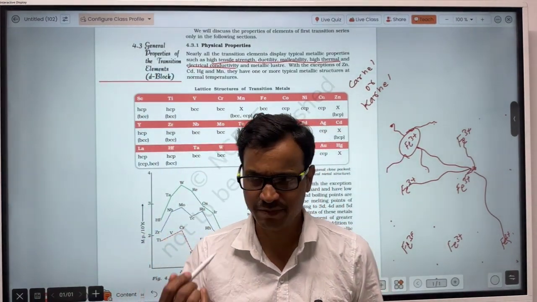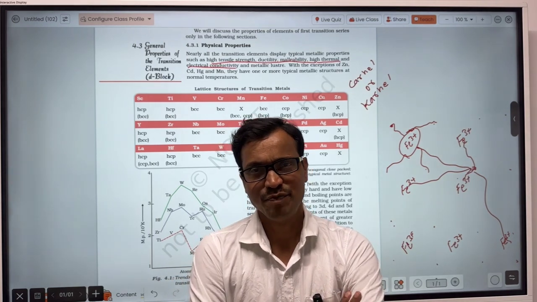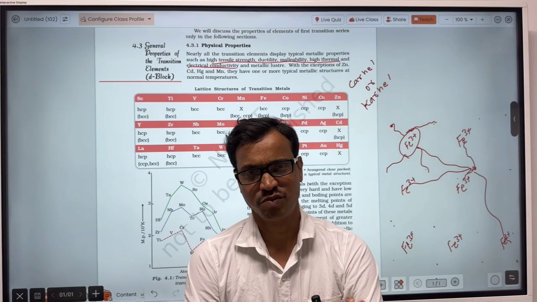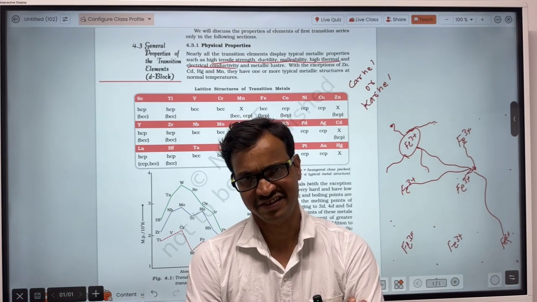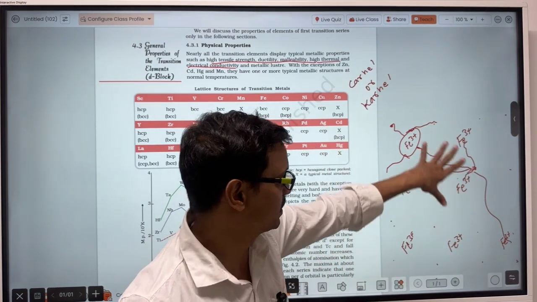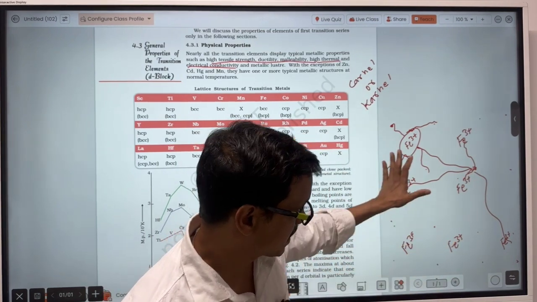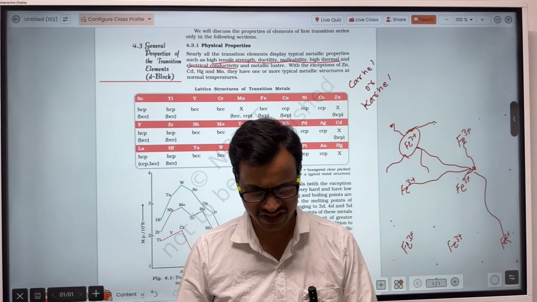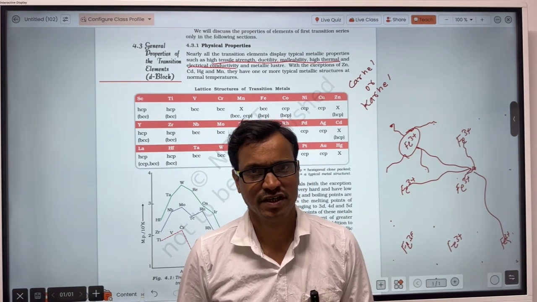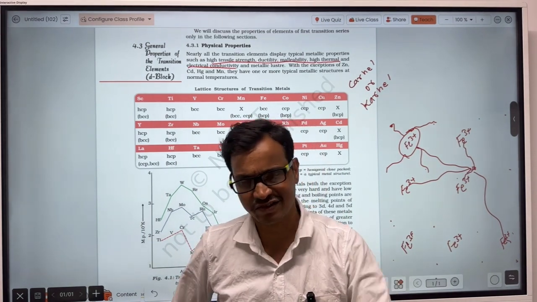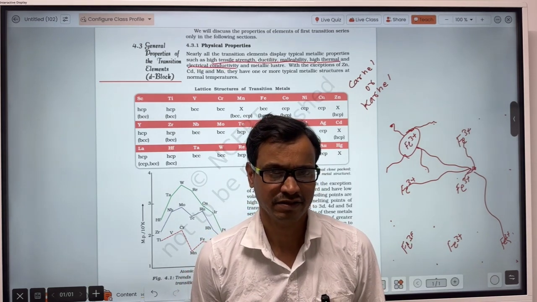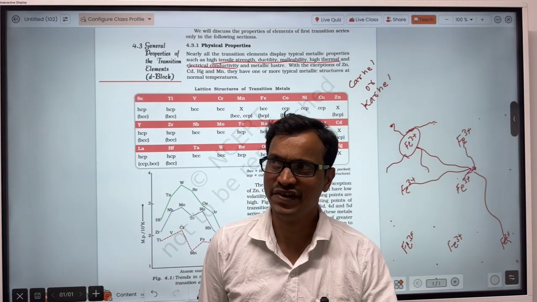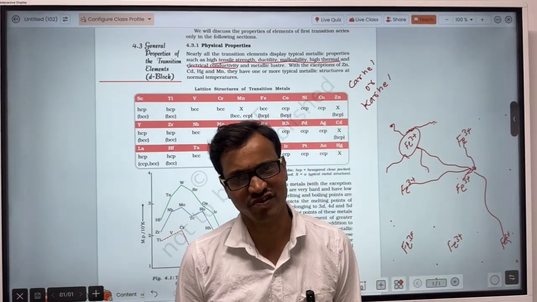Among s-block alkali metals and alkaline earth metals, compared to s-block elements, the d-block elements possess high tensile strength. Why? Because during metallic bond formation, there is involvement of more electrons. In the case of d-block elements, since there are a number of unpaired electrons in the d orbitals, they can be involved in metallic bond formation.